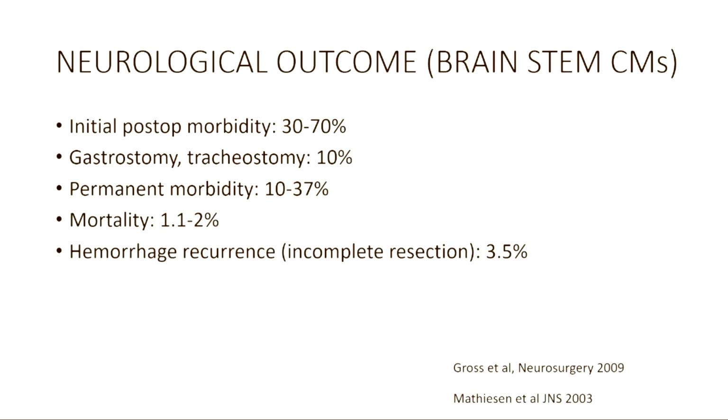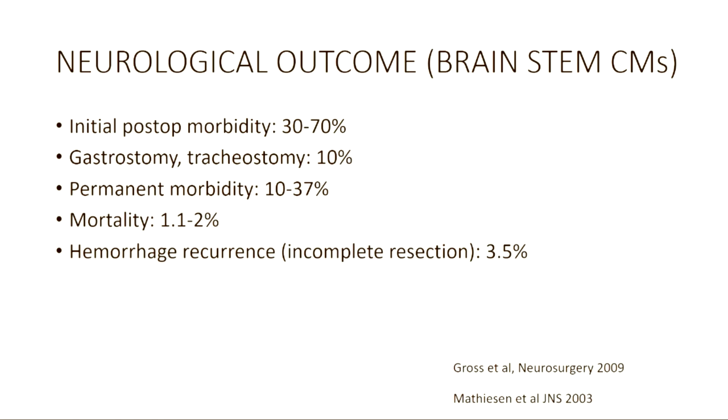The permanent morbidity is lower, but still high, up to 37%, and mortality is not zero. There is also a percentage of hemorrhage recurrence up to 3.5%, which is generally due to incomplete resection.